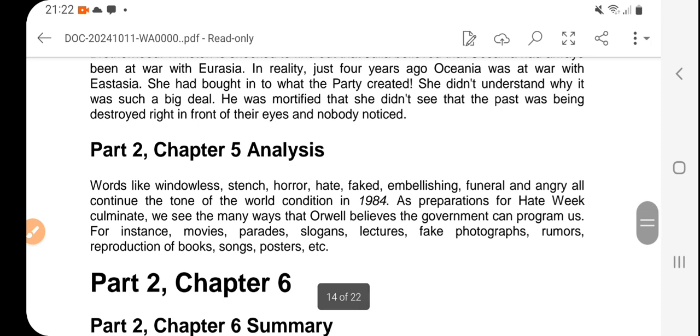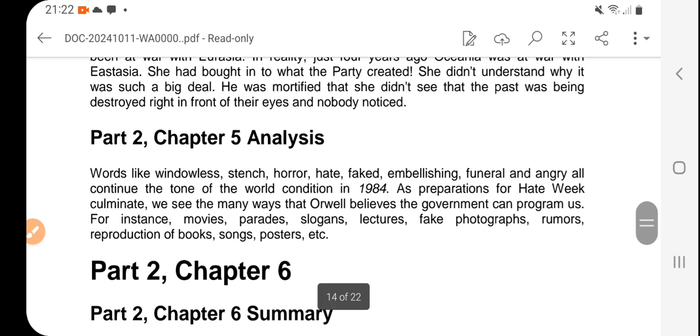She said she had bought into what the party created, and she did not understand why it was such a big deal. He was mortified that she did not see that the past was being destroyed right in front of their eyes and nobody noticed. Winston thinks Julia is not aware that truth is being eradicated.